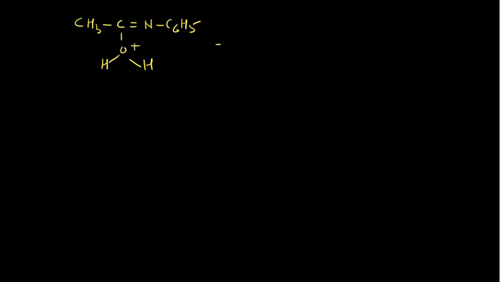And again what you can do is the deprotonation from here, sorry, removal of the proton. So, this can be removed from here, this will push back over there, and then you will have this species. That species would be CH3C(OH) double bond N C6H5.